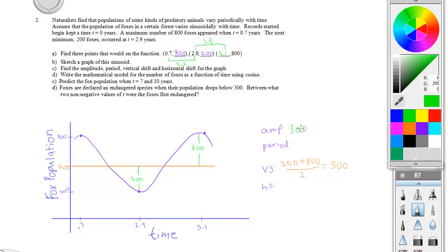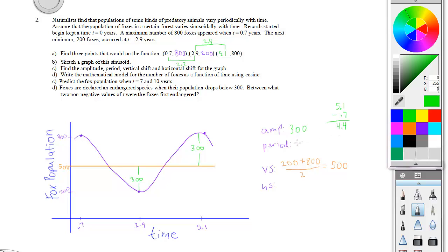Then the period is from 0.7 to 5.1. So we have to do 5.1 minus 0.7, which is 11 take away 7 is 4, carry a 1, 4.4.